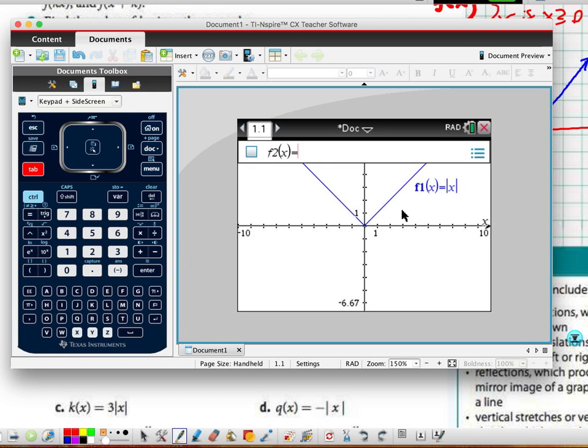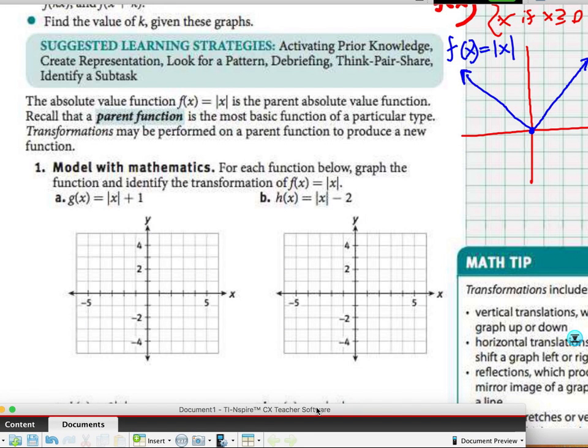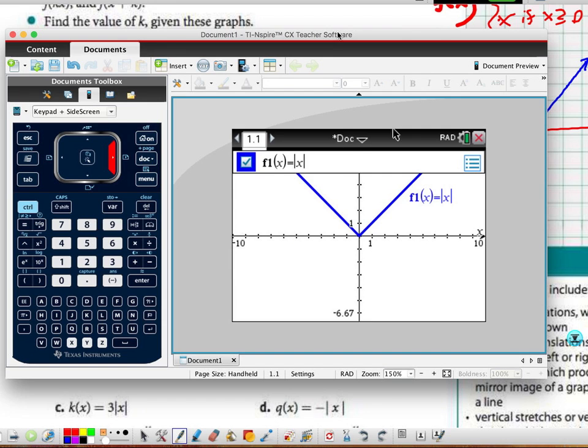And if I press tab, and this time I want to go ahead and do the first question, absolute value of x plus 1, what I'm going to get, and it's very important that you put that plus 1 outside the absolute value. Can you see what happened to it?